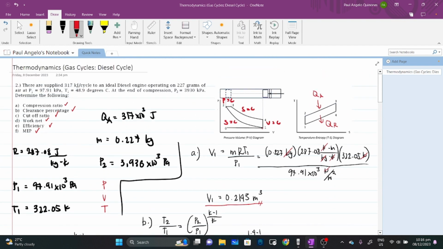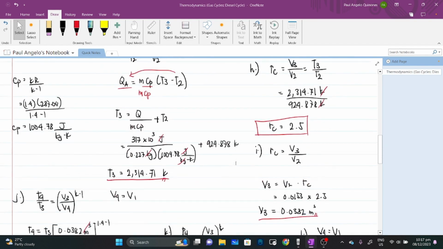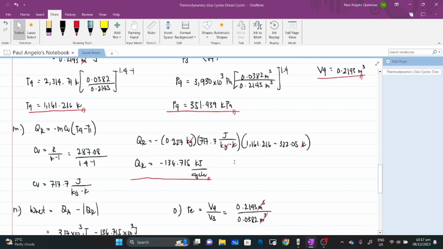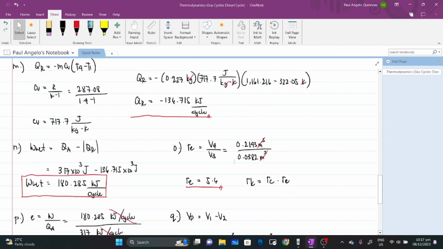If the PV diagram says that the pressure shall increase, the variable that you have computed should increase. So it should satisfy the graph, not only in the PV diagram but also in the TS diagram. I hope we obtain the same answers or the same magnitudes of these parameters.